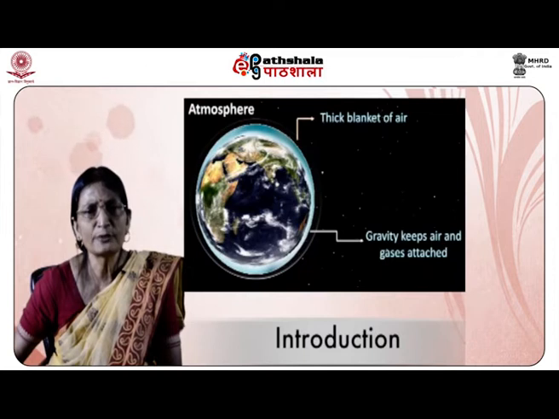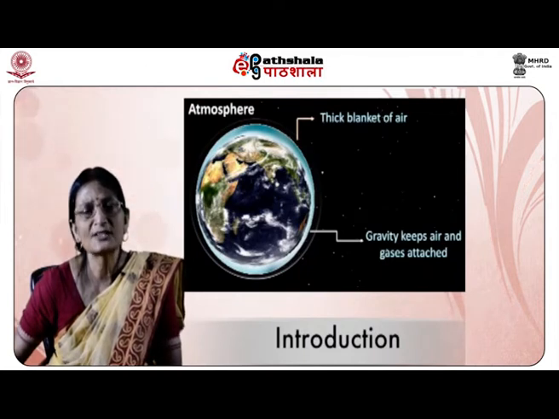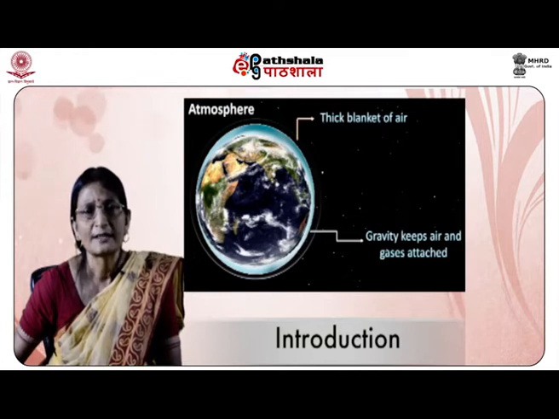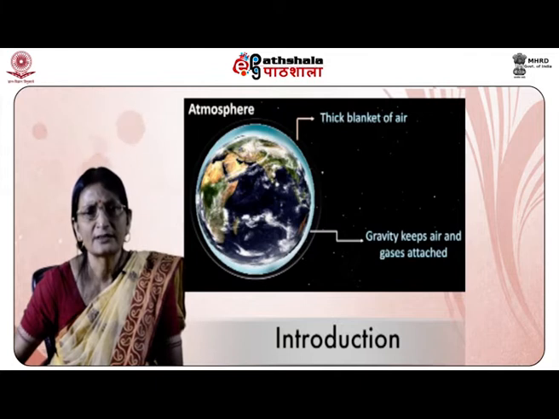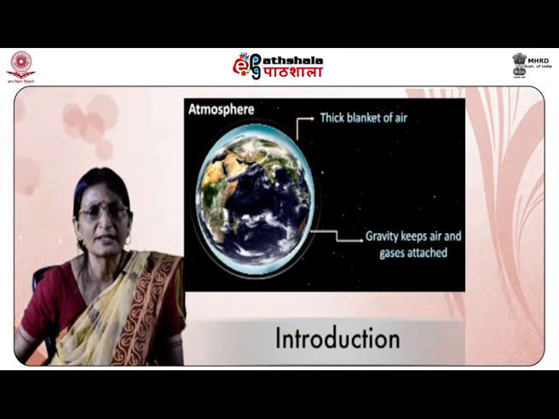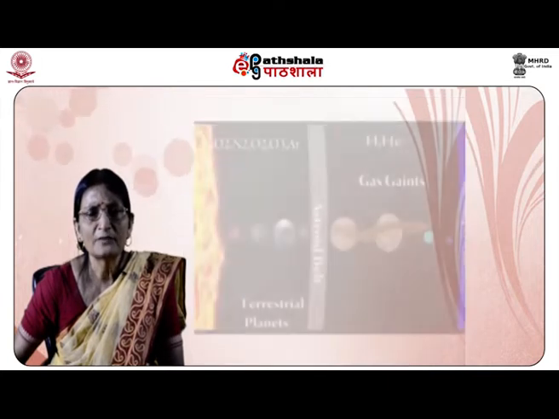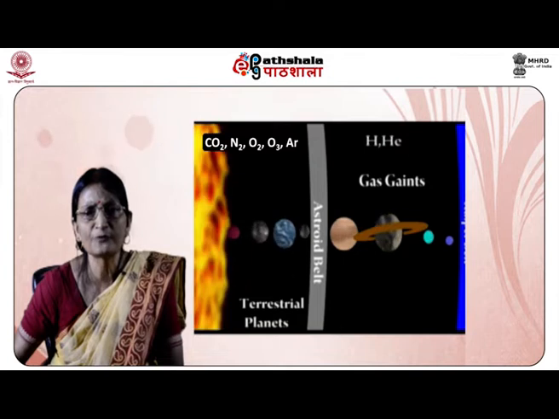The atmosphere for any planet is a blanket of gases surrounding the planet which is held in place by gravity. So for Earth it is air which is present in the atmosphere, but all the atmospheres of planets in the solar system are not the same. However, there are some similarities in groups of planets.